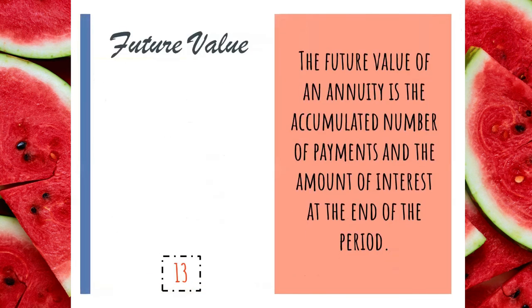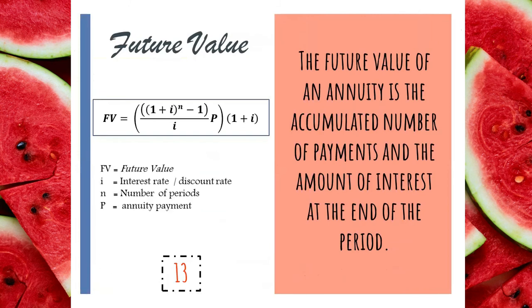And this is the future value. The formula is future value equals 1 plus i to the power of n minus 1, divided by i, times P, and times 1 plus i.